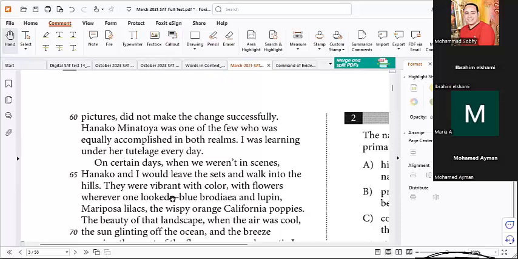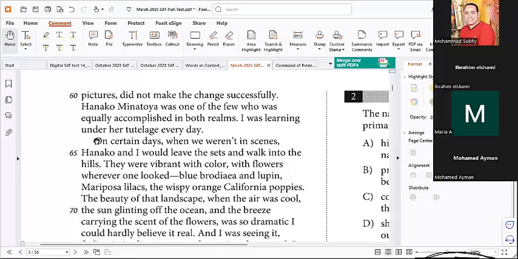Pictures did not make that change successfully. Hanako Minatoya was one of the few who was equally accomplished in both realms. I was learning under her tutelage every day. On certain days when we weren't in scenes, Hanako and I would leave the city and look into the hills. They were vibrant with colors, with flowers wherever one looked.